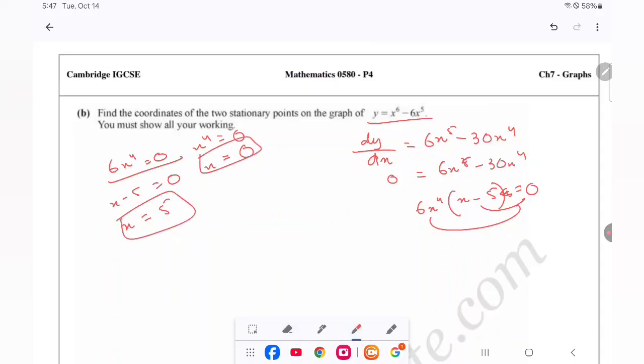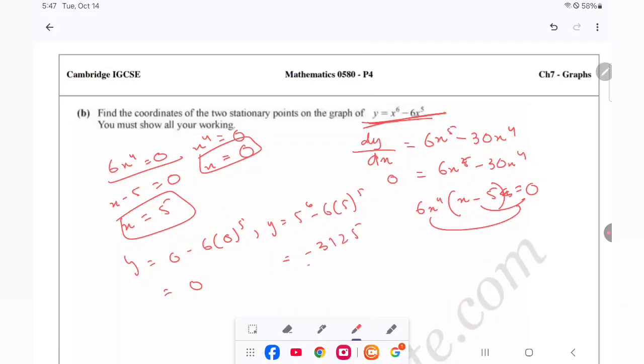Put it in this equation to get the value of y. Y is equal to 0 minus 0, this will become 0, and for the 5, y is equal to 5 to the power... Now if we solve further, this will become our answer.